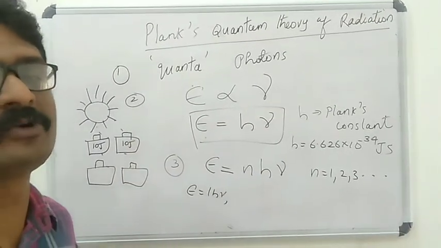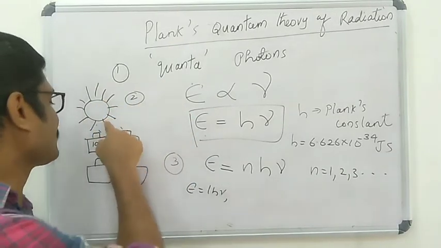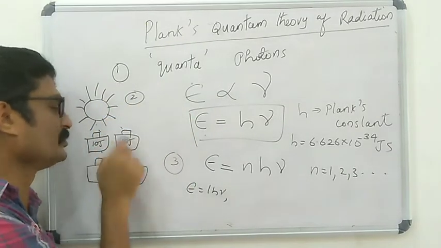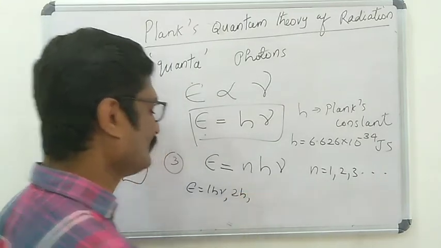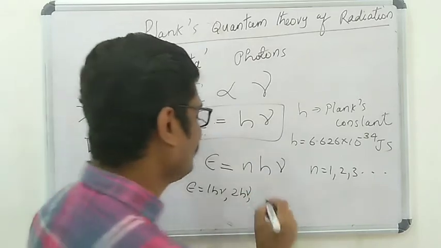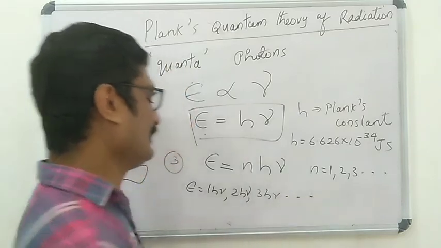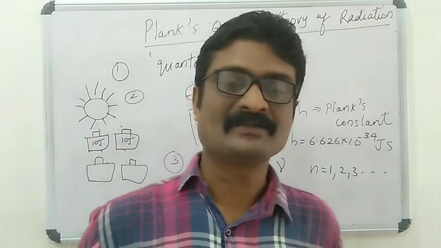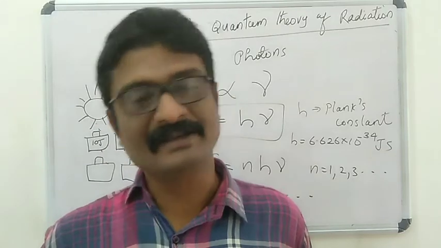The total amount of energy emitted by that body is 10 plus 10, 2 into 10, 20 joule, 2 h nu. Then 3 packets of energy, 3 h nu, 3 into 10 joule, 30 joule. Like that. That is the third postulate of Planck's quantum theory.